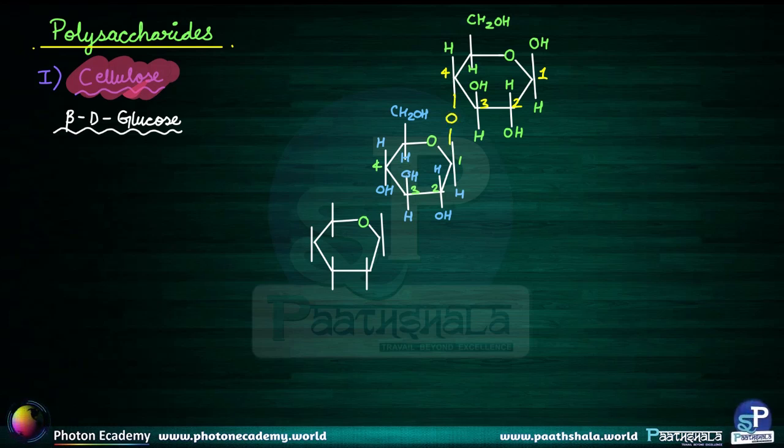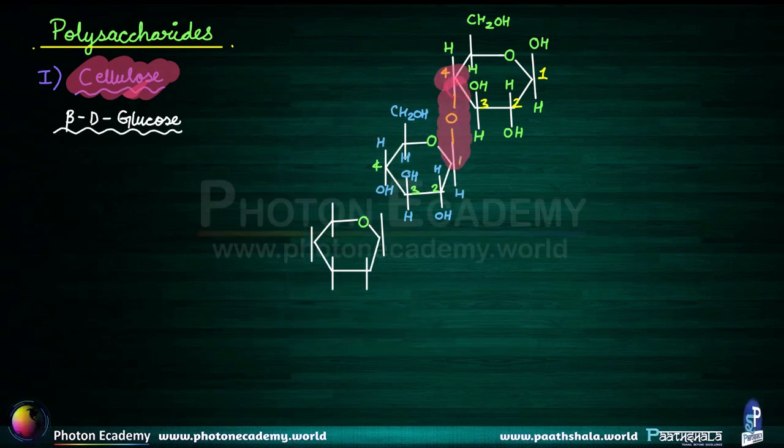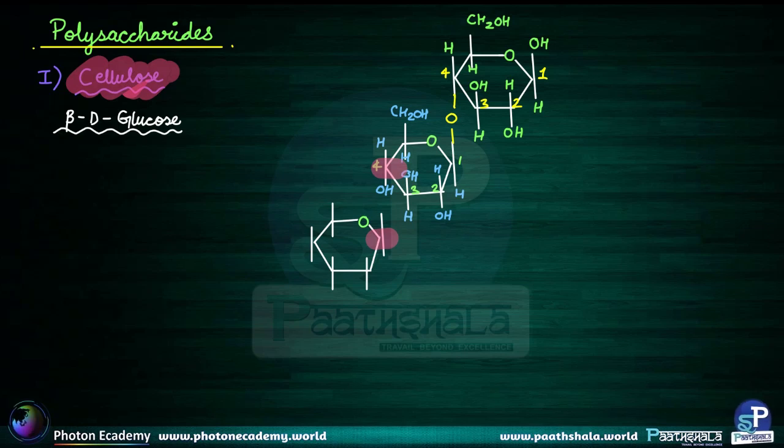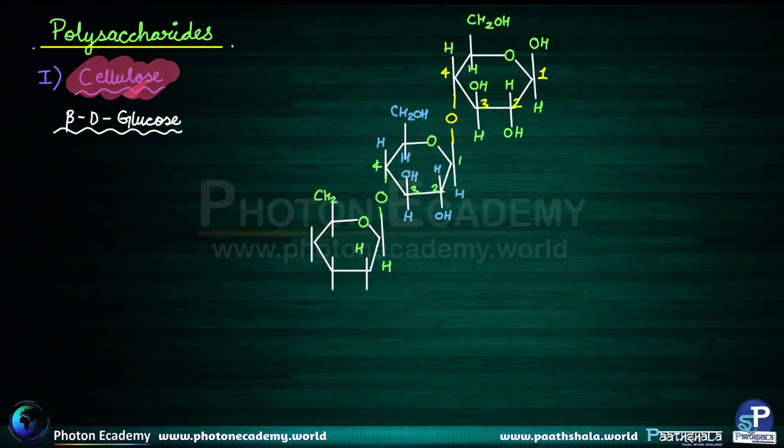Now you can clearly see that we have a glycosidic linkage present over here between C4 and C1 of 2 beta D glucose. Similarly, this particular glycosidic linkage will be seen in the next one also. Now the OH is lost from here and we get a glycosidic linkage, that is an ether linkage, and we have an H, and the rest of the beta D glucose looks exactly the same.